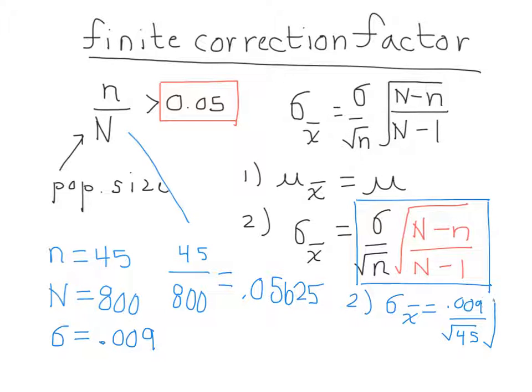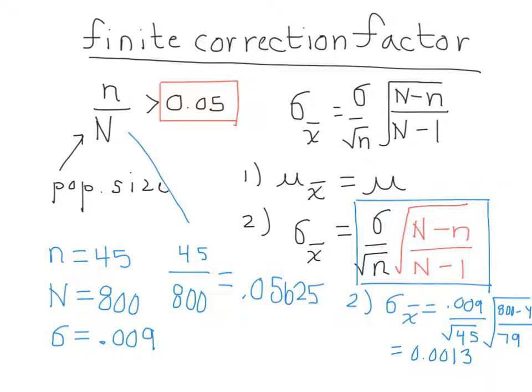But I'm going to have to multiply that by my correction factor. So my population size 800 minus my sample size 45, sorry, I've run out of room on the screen, divided by my population size 800 minus 1, which would be 799.